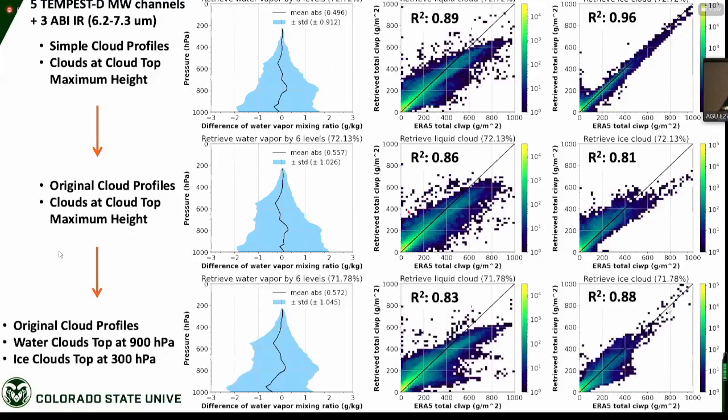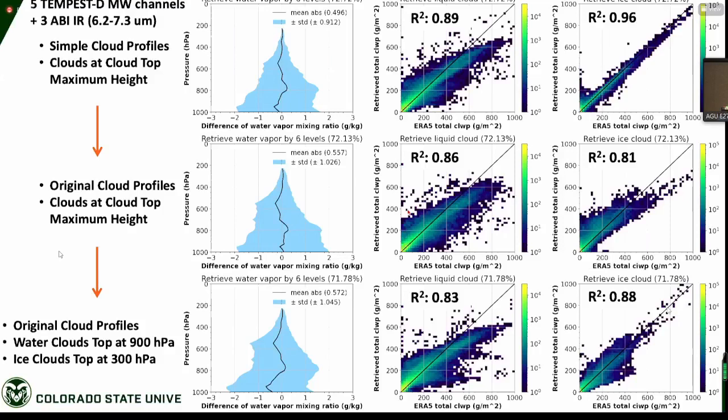The last three figures use the original cloud profile, but since we don't know the cloud top height in retrieval, we have to set a certain number. So we set the water cloud top height at 900 hectopascal and the ice cloud top height at 300 hectopascal.